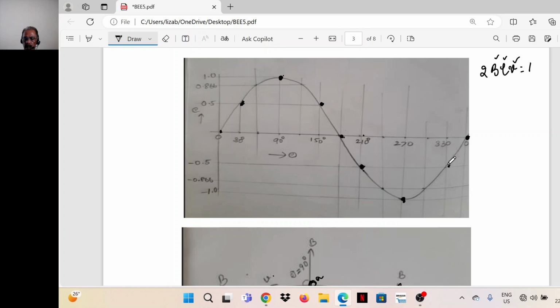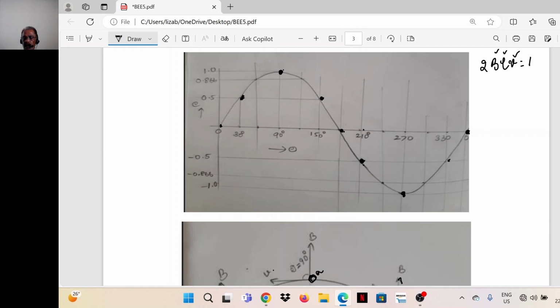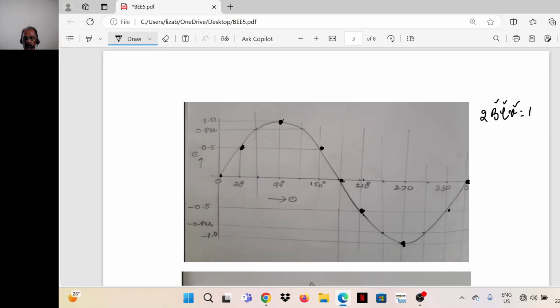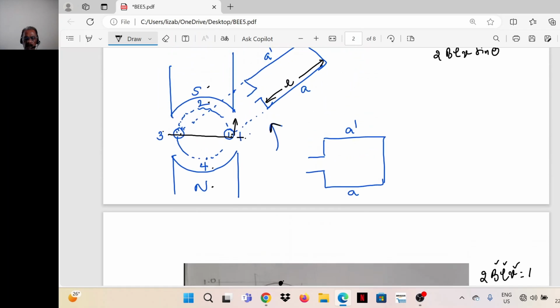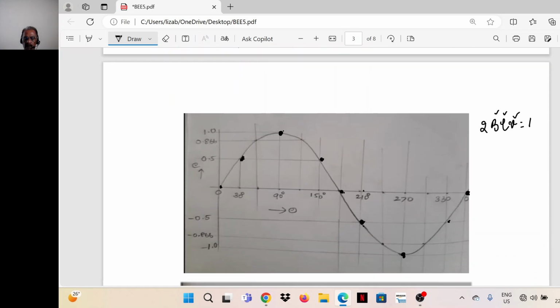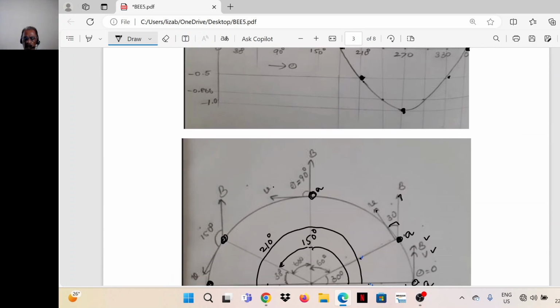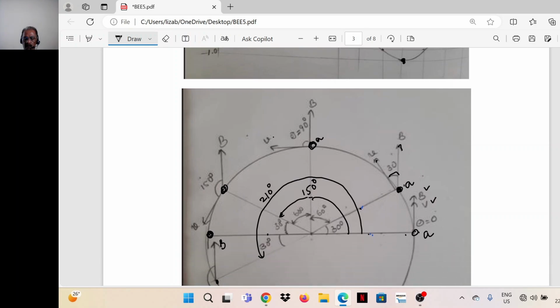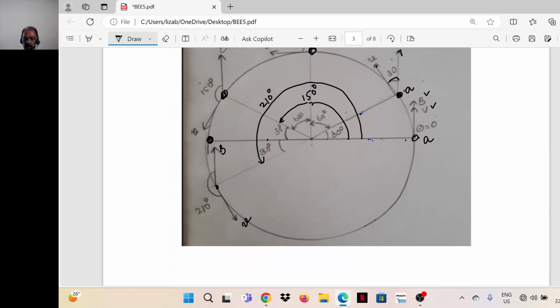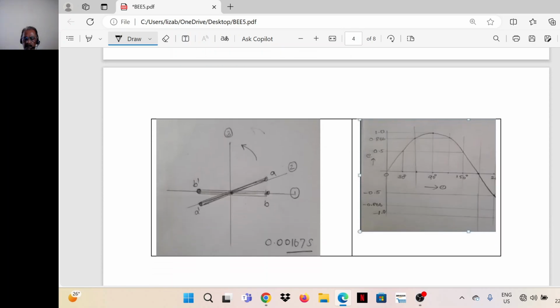Then 330, again back to 360 or 0. So this is one cycle of EMF. When the coil completes one revolution, one cycle of EMF is induced in the coil.